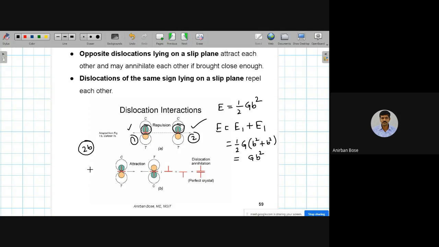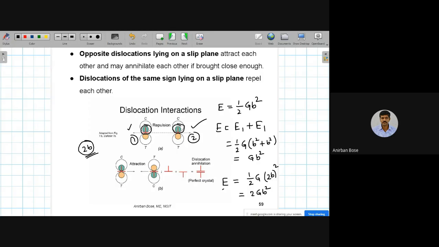Corresponding to size 2b, the energy associated if they merge will be half into G into 2b whole square, and it is quite clear from this expression that it comes to 2 into G into b square.